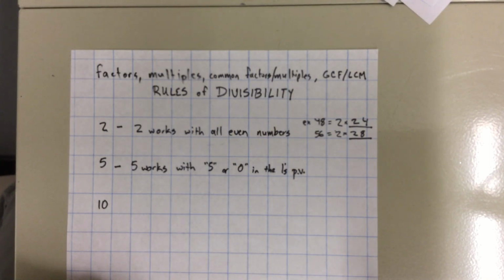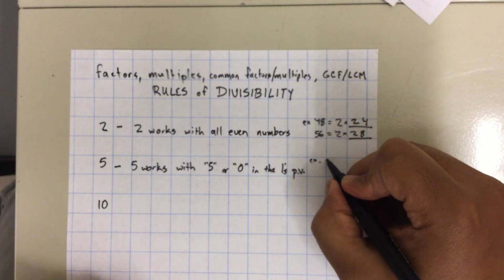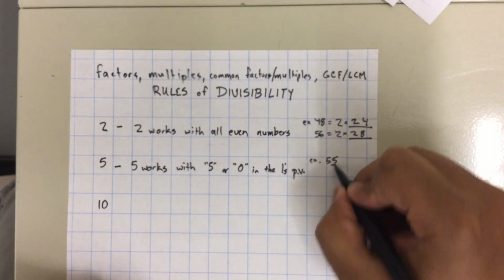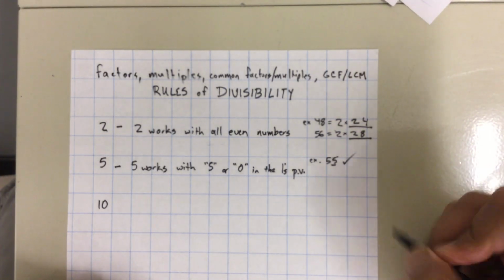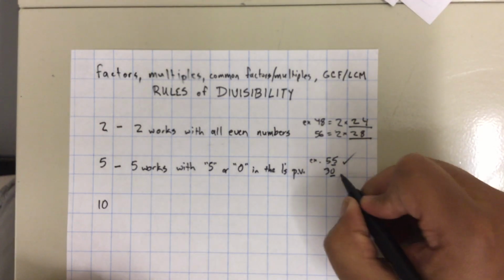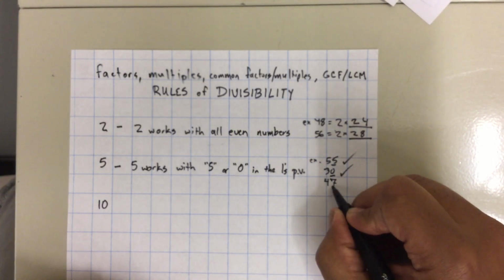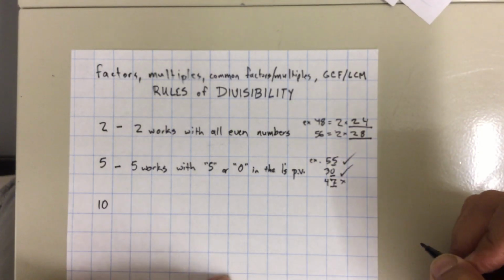So all that means is that if we've got a 55, hey look, there's a 5 in my ones place, it's going to work. If I had a 30, there's a 0 in my ones place, that's going to work. If I had a 47, I don't have a 5, that's not going to work.